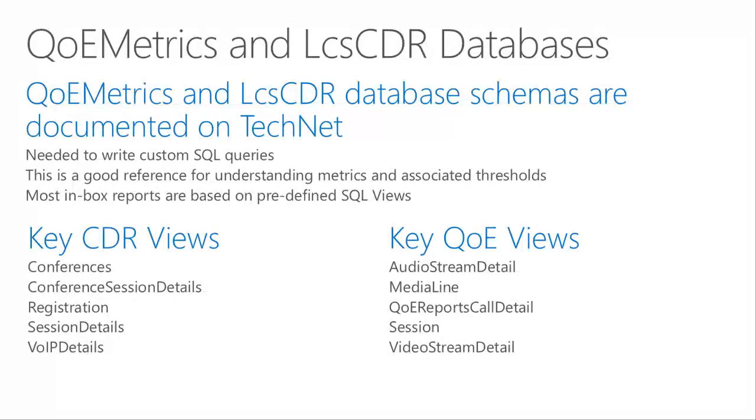So all this data is put into the two databases that I've talked about. We do offer the inbox SQL reports, but there's so much data in there, and there will be unique questions that everyone wants answered. I can't tell you how many customers we talk to that want a different piece of data from that database. The good news is that the schemas are completely documented out on TechNet.